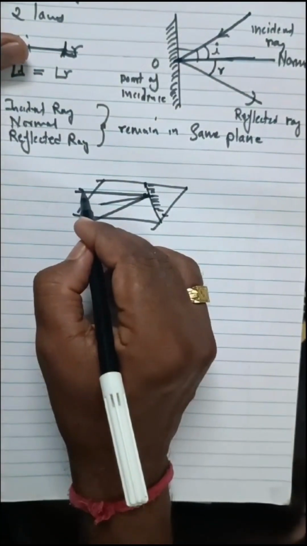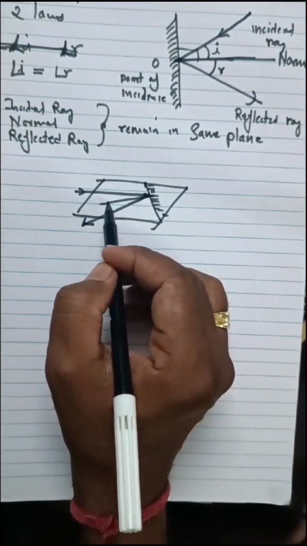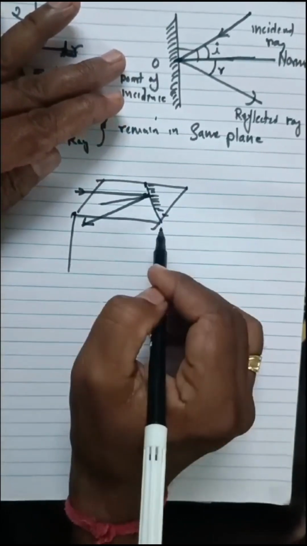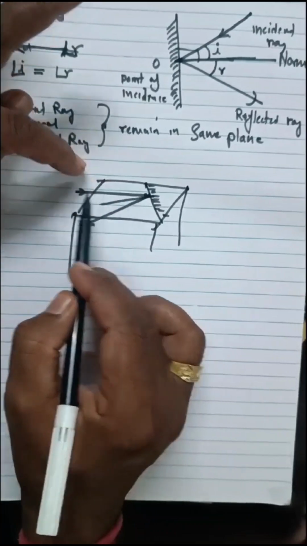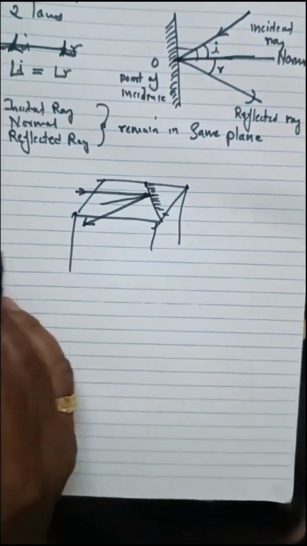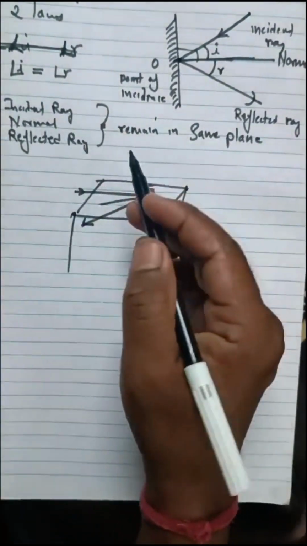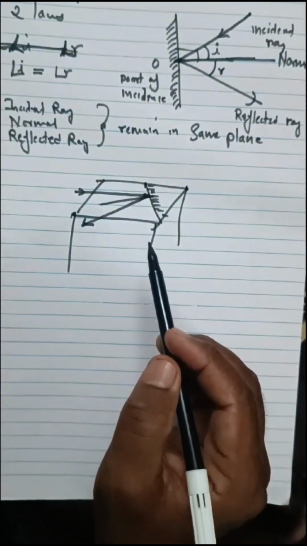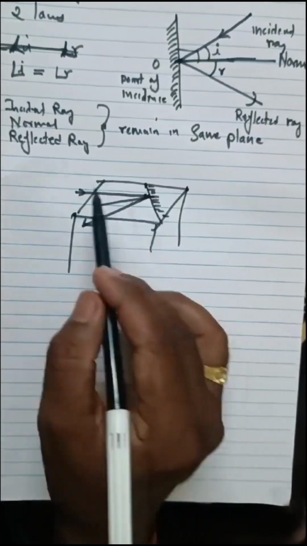This is the incident ray, this is the reflected ray, as the arrow diagram shows you, and this is the normal. Now all these lie in the same plane means, suppose this is a table and I am able to shoot an incident ray along the surface of the table, then the reflected ray also will be reflected along the surface of the table, and the normal will also be lying on the surface of the table. That is what is meant by all three lying in the same plane.